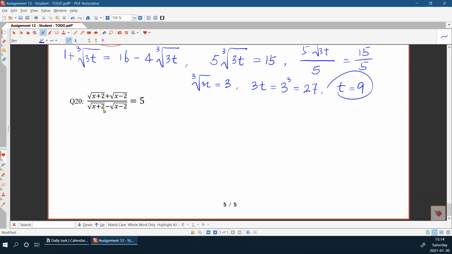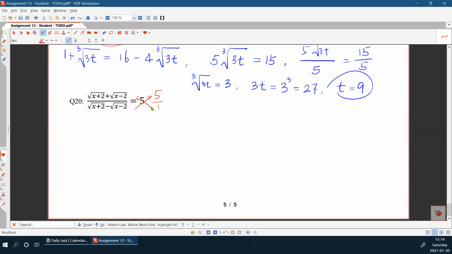Actually, we can use the cross multiplication method, and then it seems that we can merge something, right? So let's try the cross multiplication method to have a look. Again, 5 is actually 5 over 1, right?